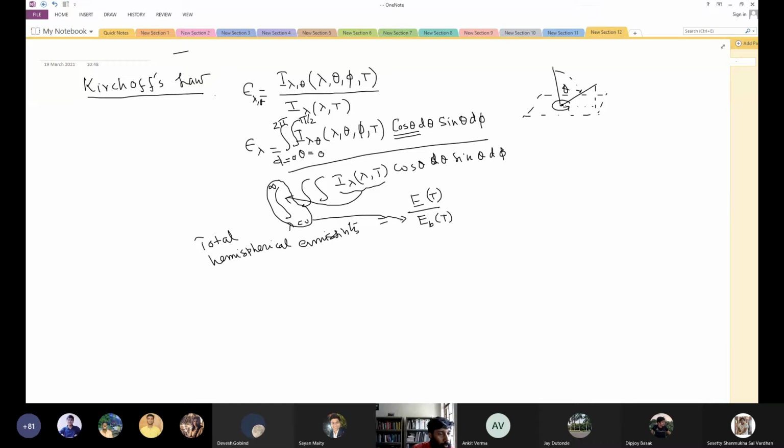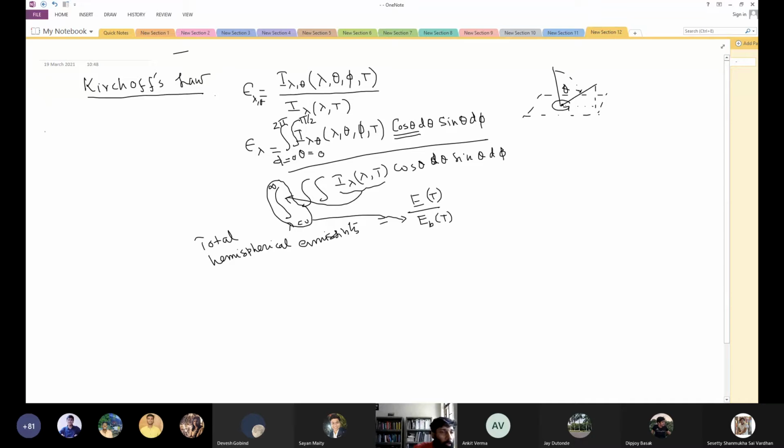Absorptivity: similarly, we can write things for absorptivity. Absorptivity is also a quantity which varies with direction and lambda.